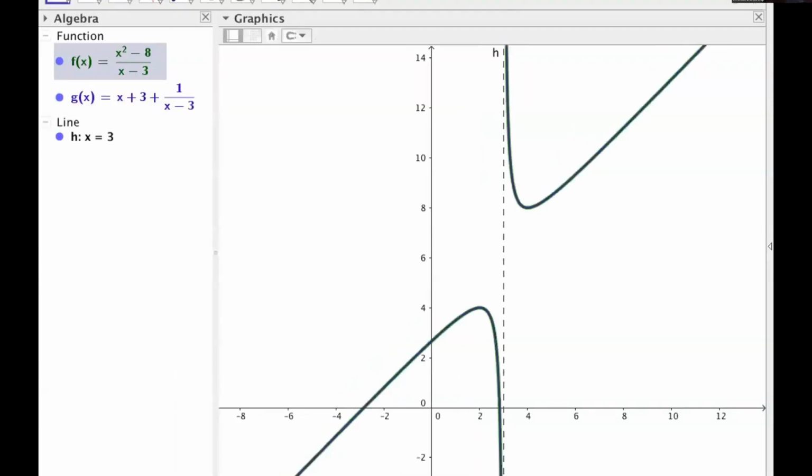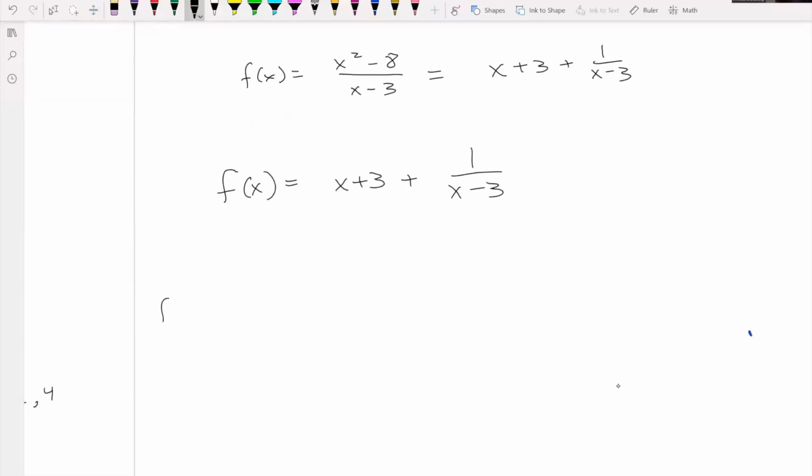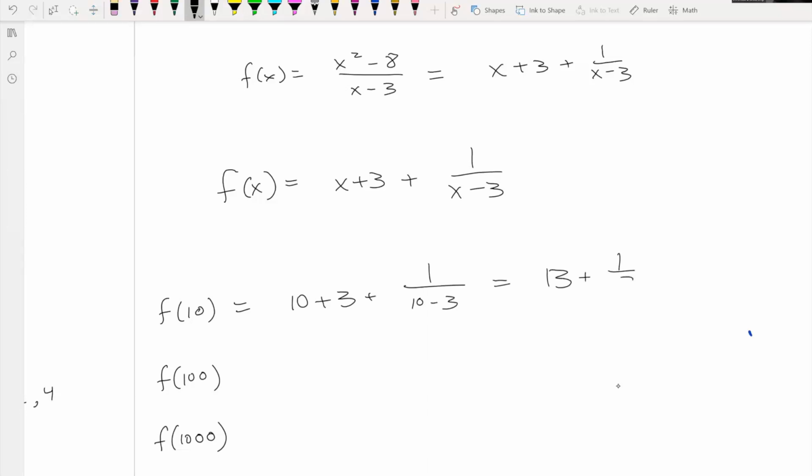Now, what happens when we talk about huge x, okay? In other words, imagine if I put f of 10, f of 100, f of 1000. This is going to be 10 plus 3 plus 1 over 10 minus 3. That's going to be 13 plus 1 over 7.